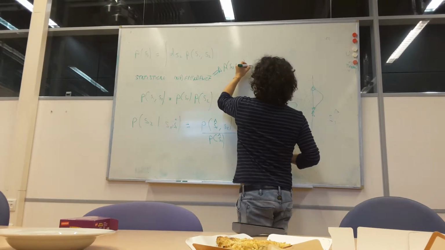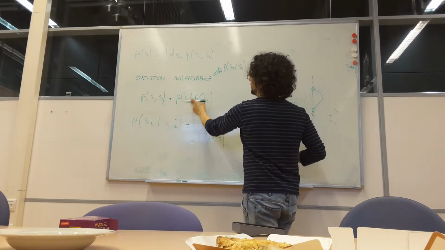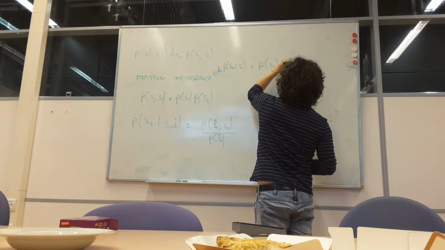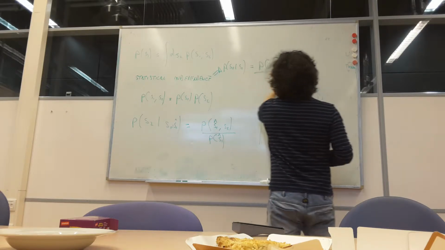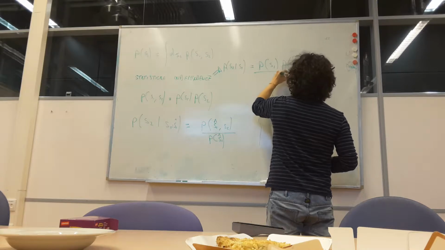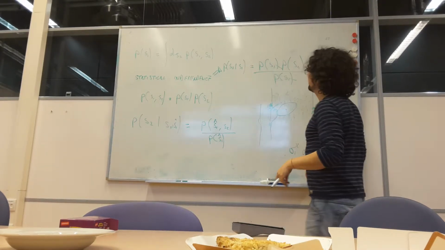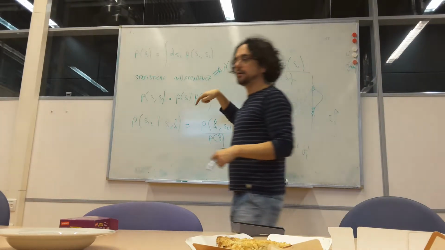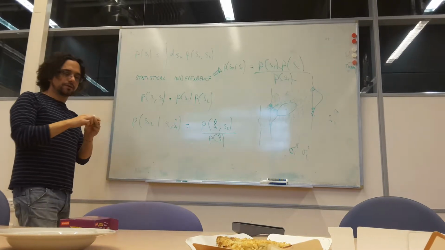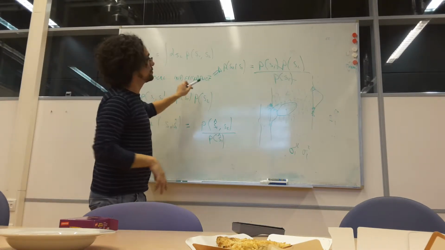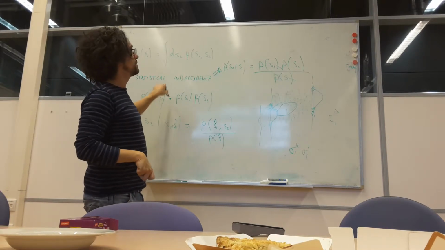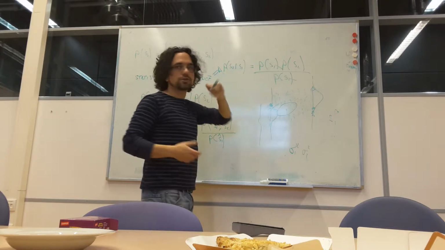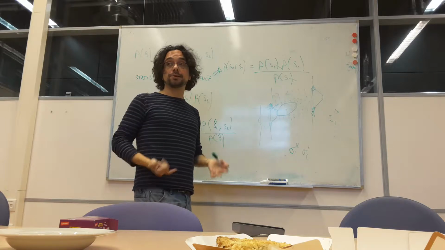The joint probability distribution is now the product of the marginals, and at the denominator I have the marginal for S1 again. This simplifies, and I'm left with P of S2. And that means what I was telling you before is the case: when the two variables are independent in this sense, S2 doesn't care about S1, which means its conditional probability doesn't depend on S1.